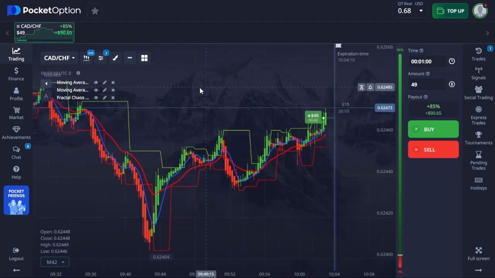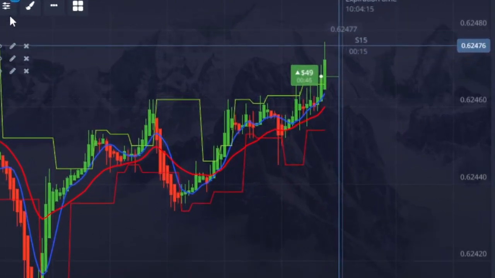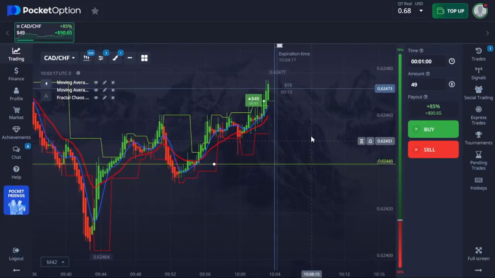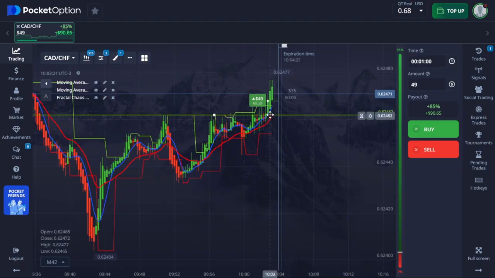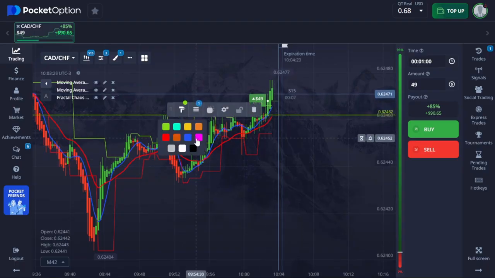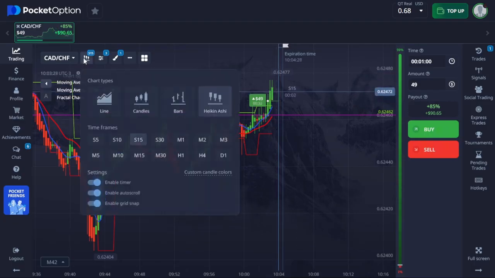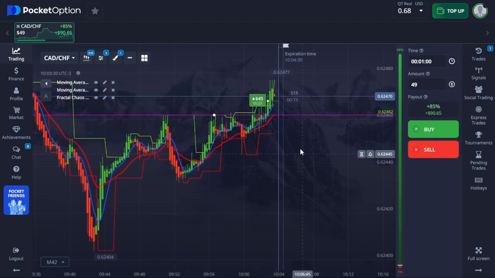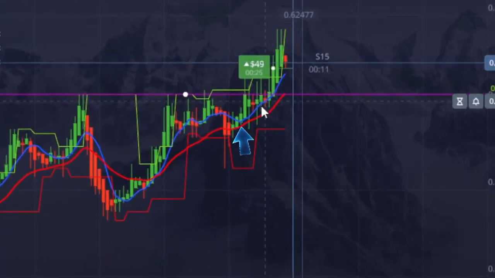Why trade upward? First, the Chaos channel is breaking apart. Look at the resistance based on wicks. Second, the strong breakout of the Chaos channel suggests upward momentum. Third, the moving average right here, the trend is bullish.